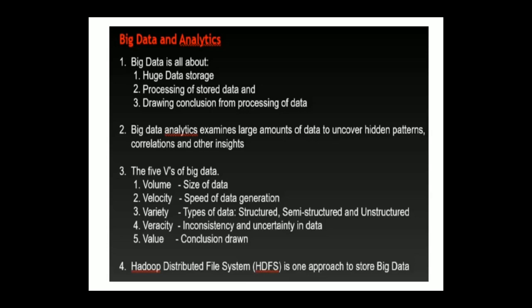The speed is very high, and it is not only structured or semi-structured data, it is unstructured data also. So variety is also a very important thing, because processing structured data, and sometimes semi-structured, is very easy. We can understand this is a particular format.